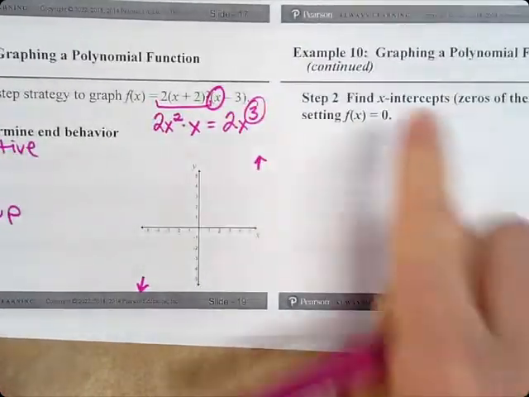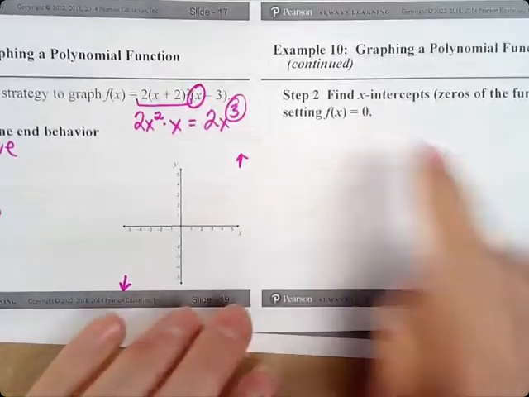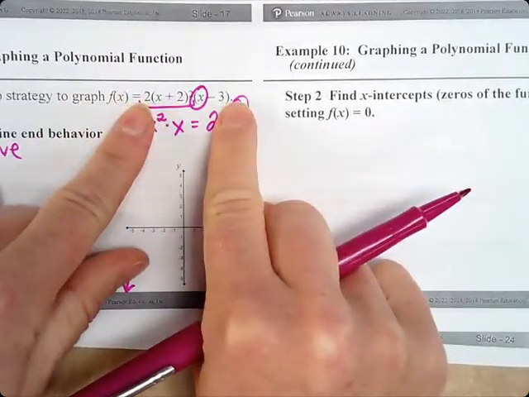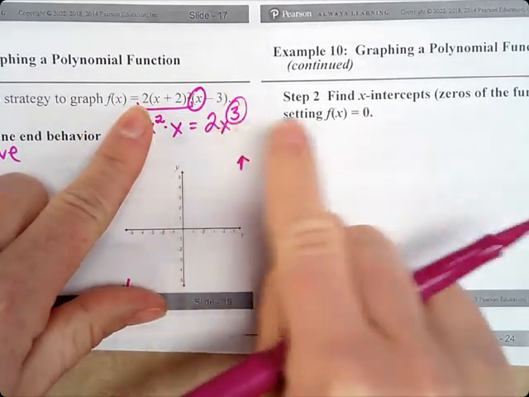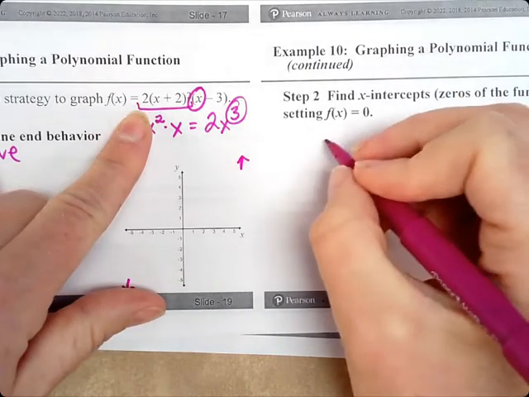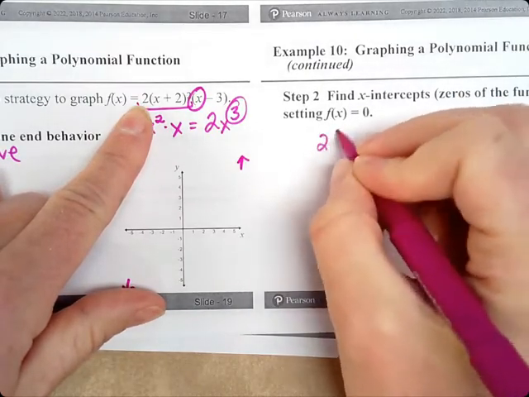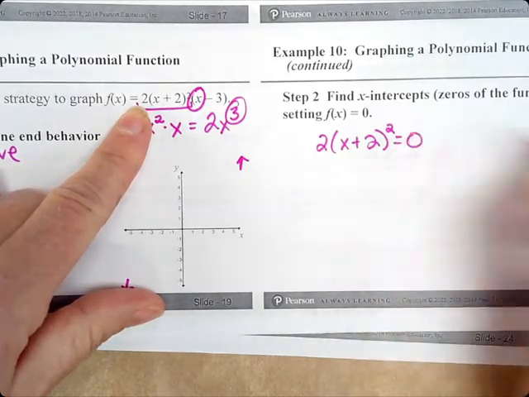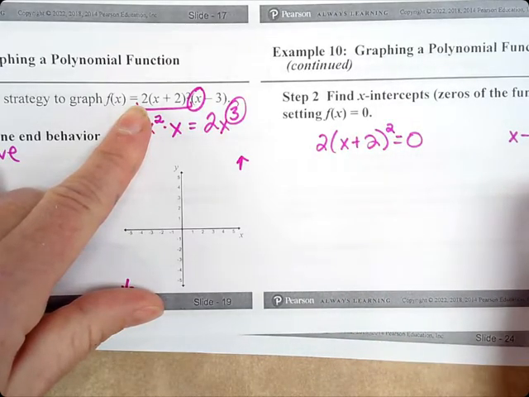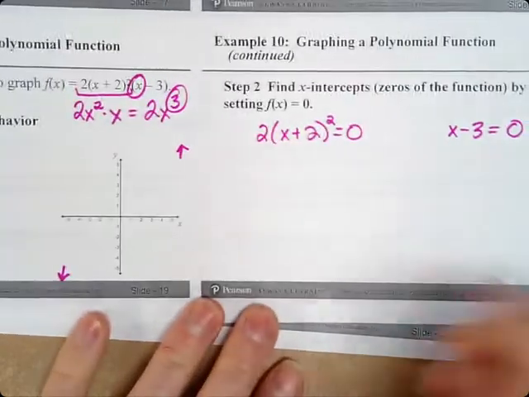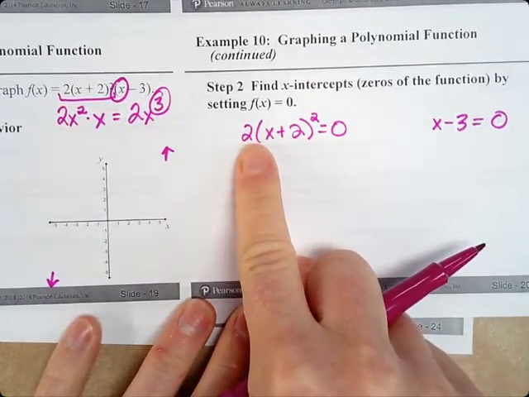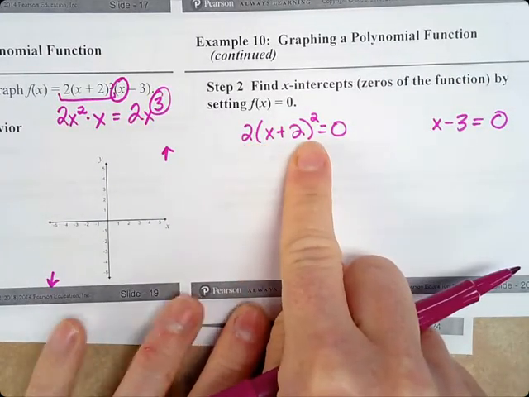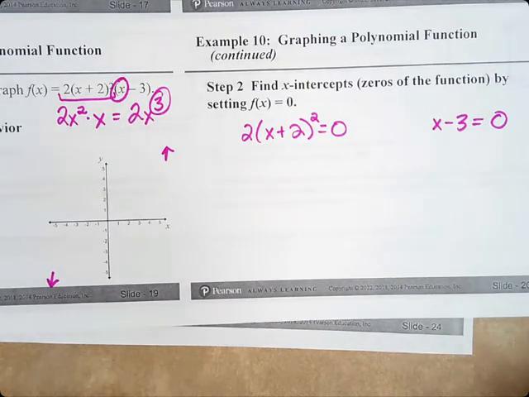Okay, the next part is find your x-intercepts. We already have this, so we're just going to set each factor equal to 0. So 2x plus 2 squared equals 0, and then x minus 3 equals 0. And really, we don't need that 2 because whenever we divide, it's going to go away anyway.